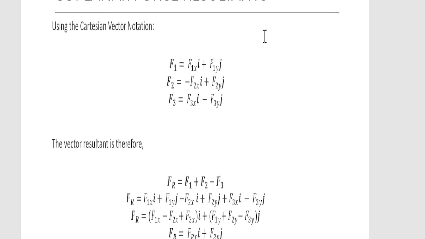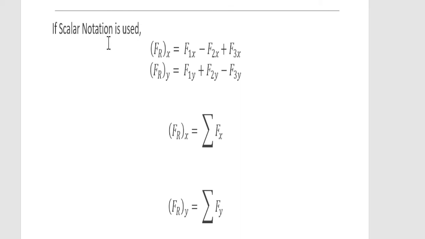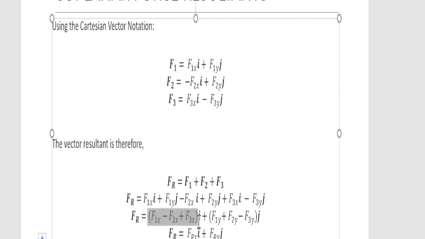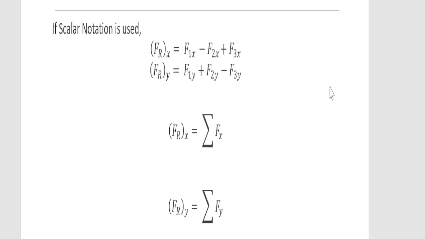Then for the resultants, if scalar notation is used, Frx should be equal to F1x minus F2x plus F3x. We simply derived it from here. Then Fry is F1y plus F2y minus F3y.